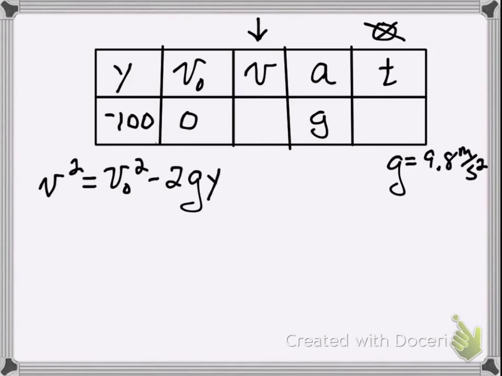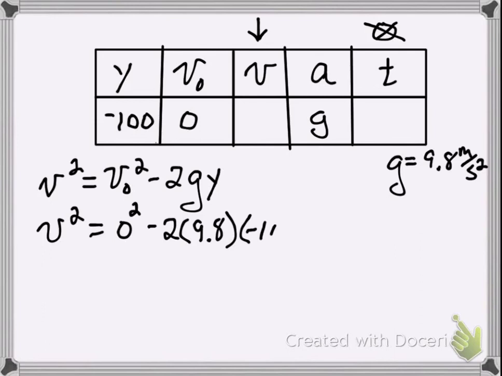So let's put our numbers in. We don't know what v is yet, so we'll continue with v squared. V sub 0 is 0, so we have 0 squared minus 2 times g. We just said that g is 9.8, and y is negative 100. Okay, so we get v squared, and we can ignore 0 squared.